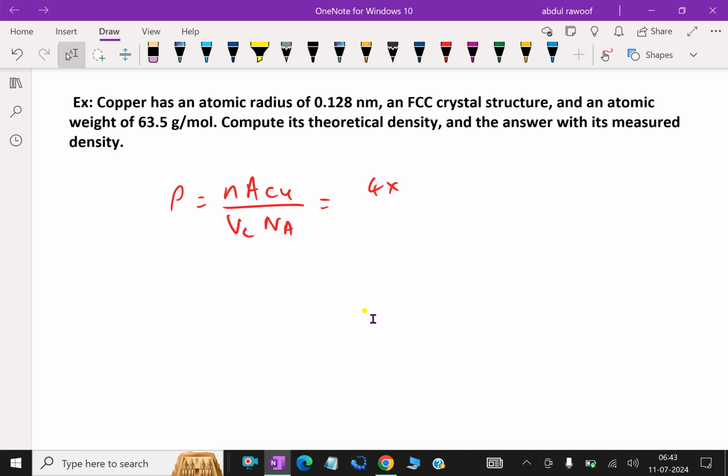So 4 times 63.5 gram per mole over 16 root 2, that is Vc, times the atomic radius R cubed, times the Avogadro number.